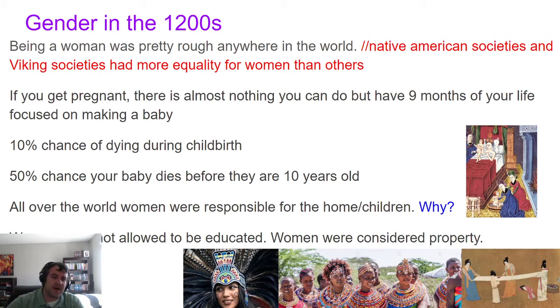So all over the world, women just generally get relegated into this role of being at home and caring for children. I could get into all this gender theory stuff here, but women are capable of creating babies. And for 9 months, their body gets all contorted with a child growing inside of them.